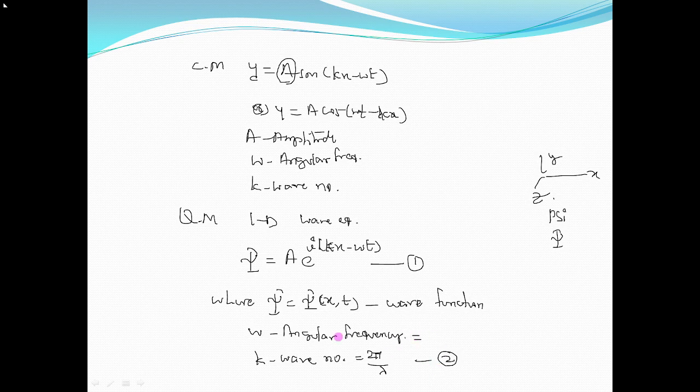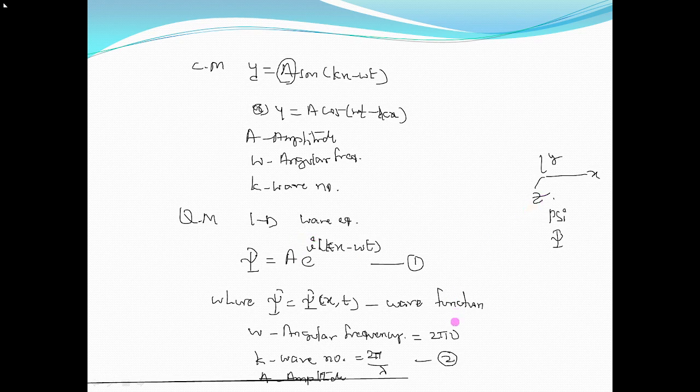Omega is angular frequency, which we can write in terms of linear frequency as 2 pi mu. So quantum mechanically we have taken the wave equation and defined the parameters. Psi is called the wave function, omega is called angular frequency, k is called wave number, and a is called amplitude.